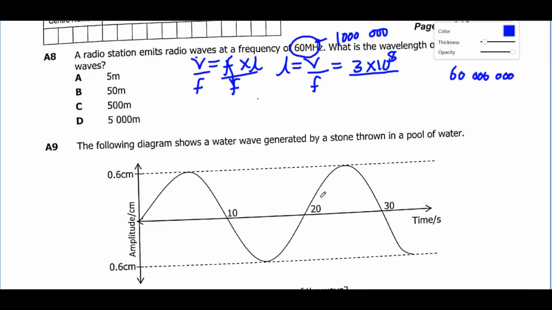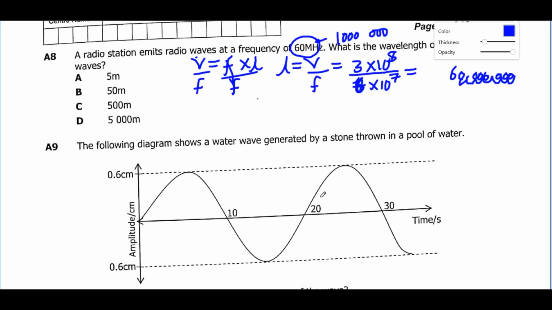So we have 1, 2, 3, 4, 5, 6, or 7. So we can just say 6 times 10 raised to the power 7.